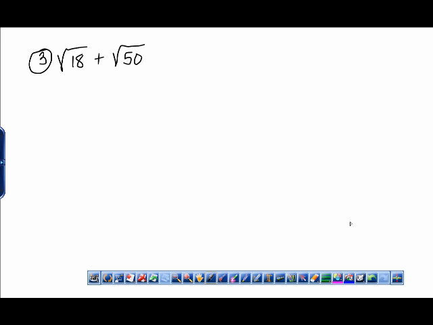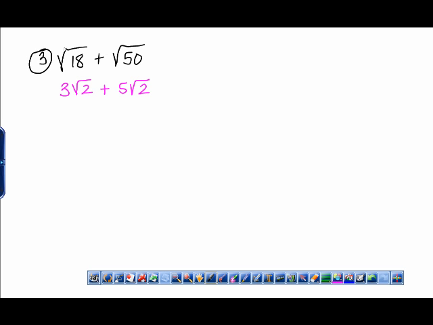We had talked last semester about how to simplify these, so I'm not going to spend a lot of time going over how to simplify these radicals. You can definitely ask me questions in class tomorrow, though, if you have them. So square root of 18 simplified would be 3 square root of 2. And square root of 50 simplified would be 5 square root of 2.